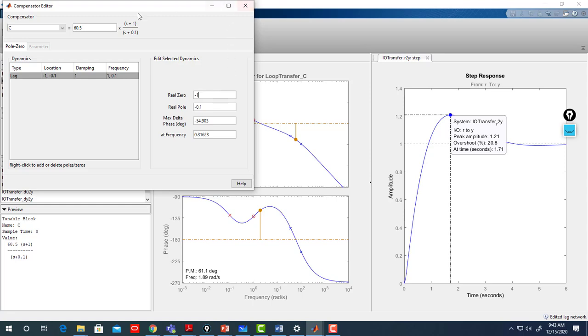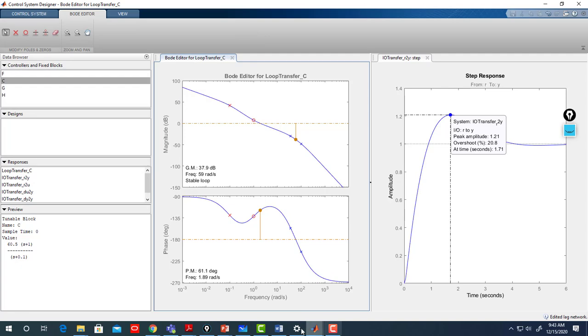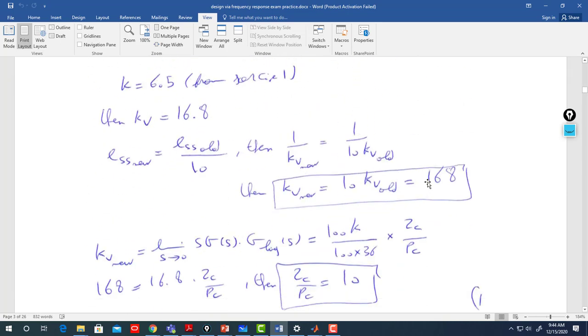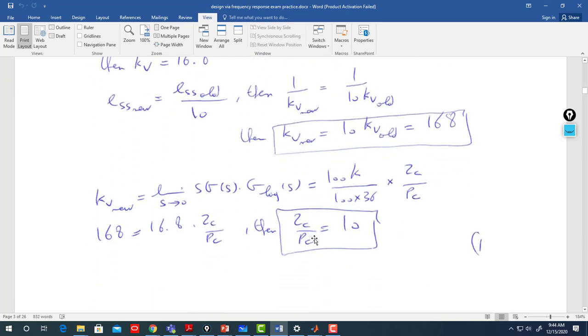Alright, so this is my S plus 1 over S plus 0.1 lag compensator. So this lag compensator will give me a tenfold steady state error, because the relation between ZC and PC is 10.